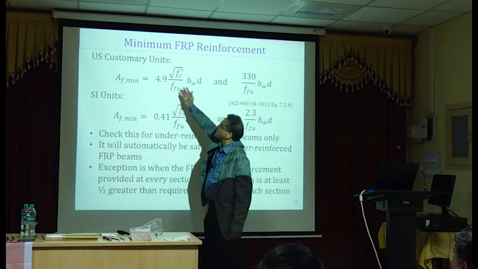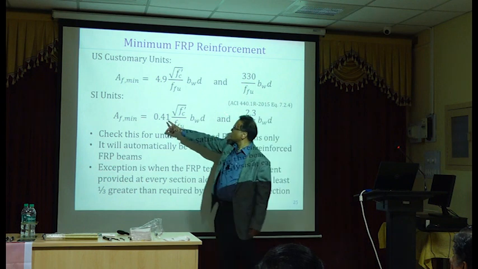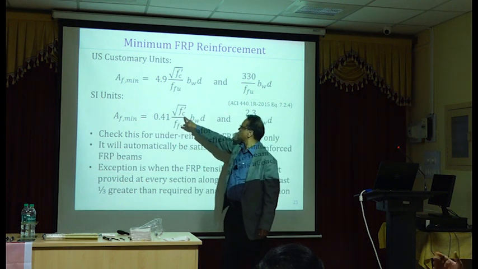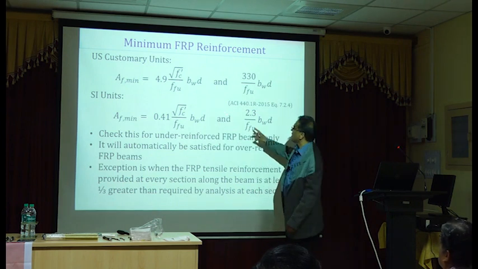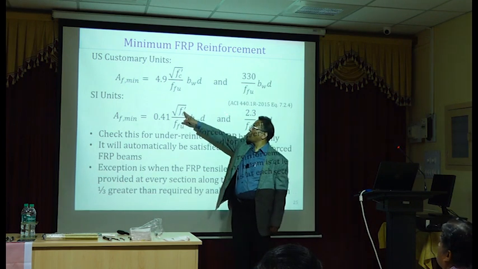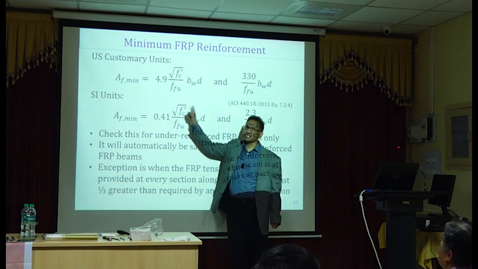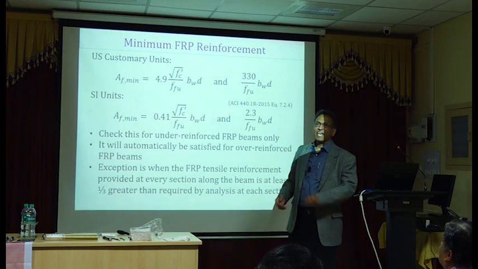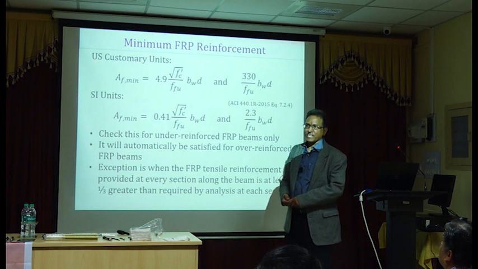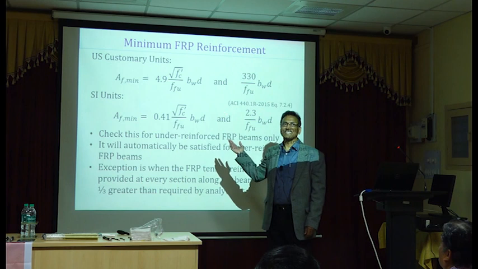Minimum reinforcement is based on AF min, very similar to what we had for steel reinforced concrete. So now we have AF min equals, for SI units, 0.41 square root of F prime C over FFU times BWD, and remember F prime C is in MPa, FFU will also be in MPa, then only it's consistent. If you ask me why is square root of F prime C having a stress unit, I cannot explain, because that's what it has been for 40 years, 50 years in ACI.